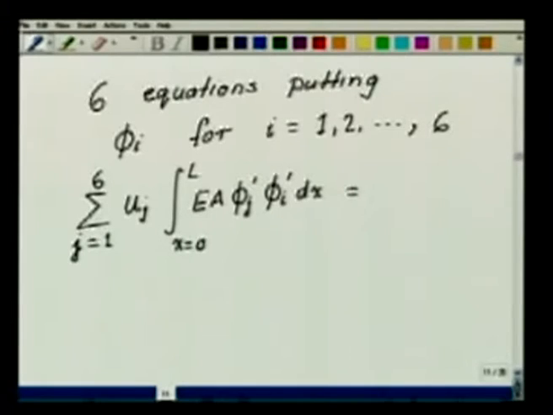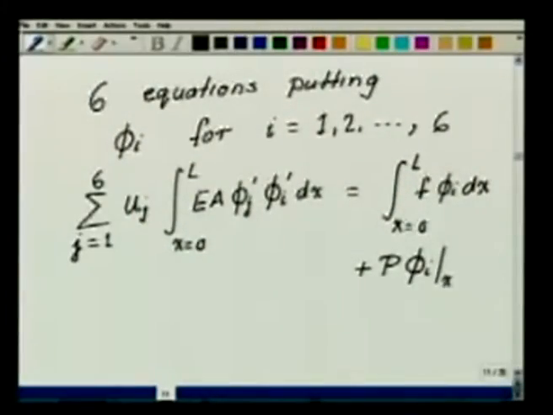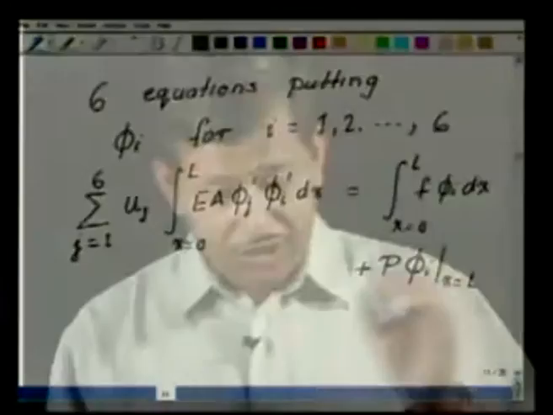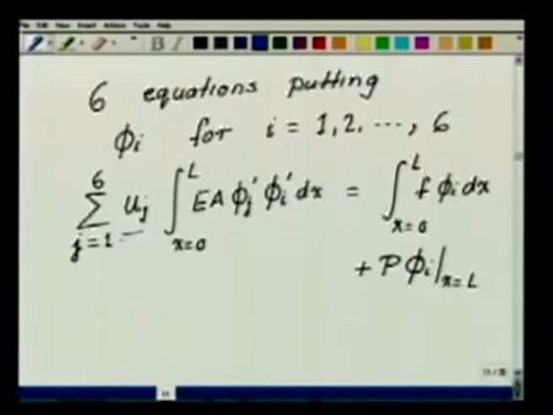This is equal to integral x is equal to 0 to L f phi i dx plus p phi i evaluated at x equal to L. So you see, by substituting the expression for u6 in our weak formulation and using w6 is equal to phi i, we get the ith equation in terms of these j unknown coefficients uj.